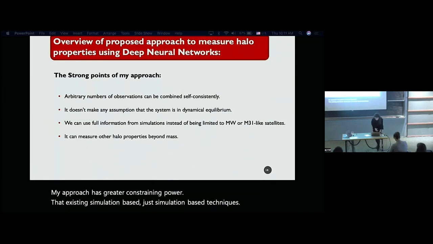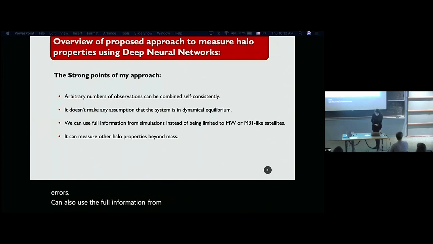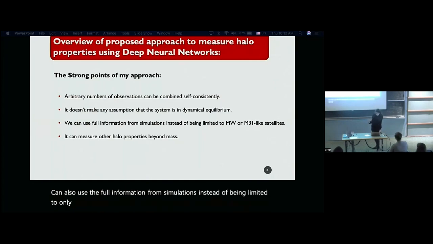Second, my approach makes no assumption about the dynamical states of the system and is just based on a ΛCDM prior, so it has fewer systematic errors. I can also use the full information from simulations instead of being limited to only those halos that are most similar to the Milky Way and Andromeda.